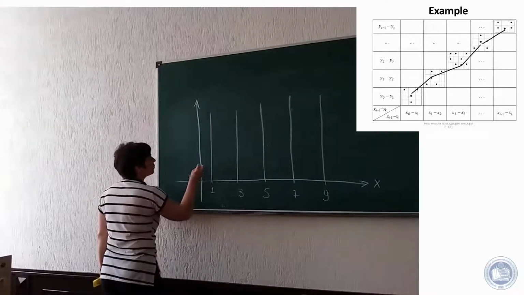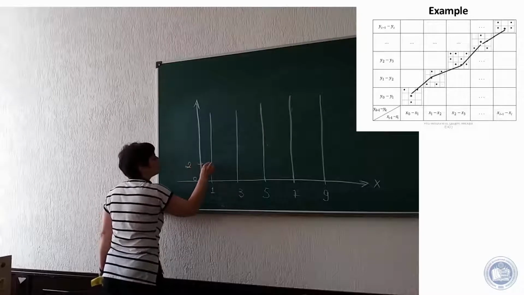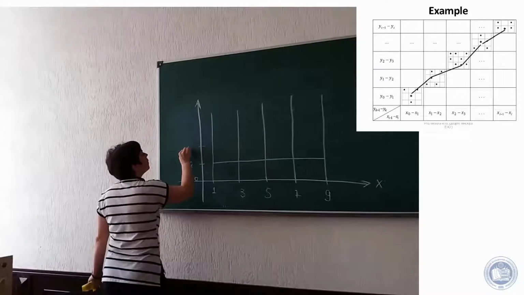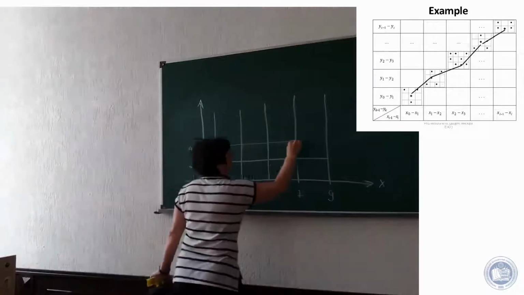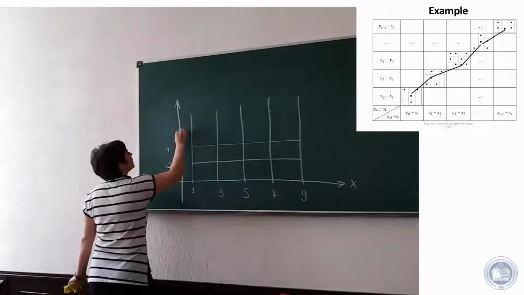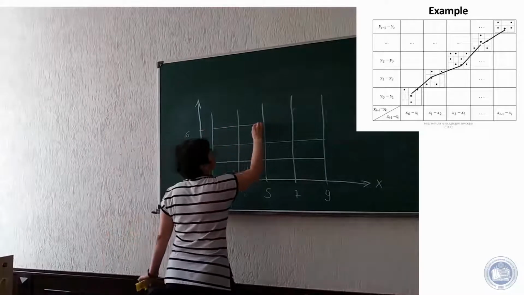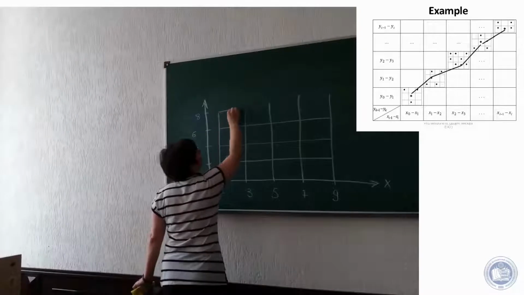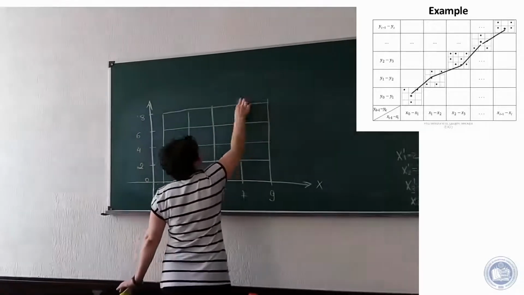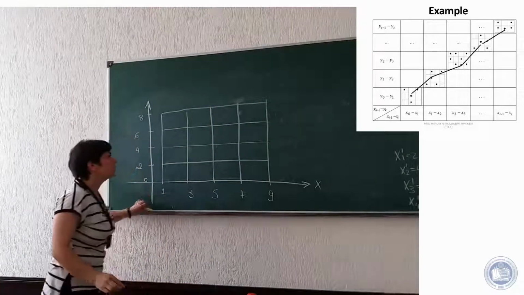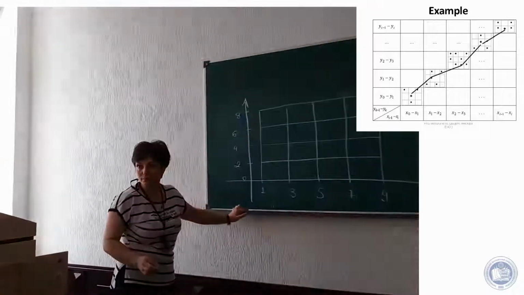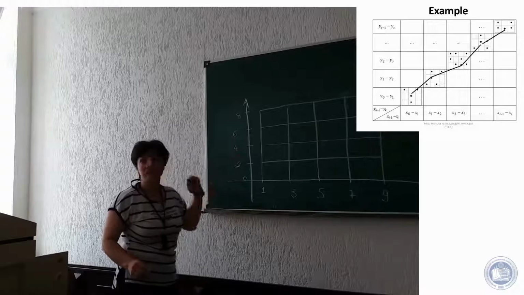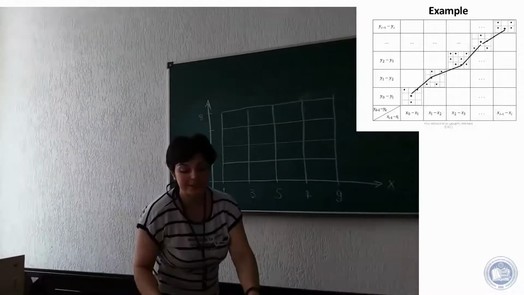First changes from 0 to 2. Next, from 2 to 4. From 4 to 6. And from 6 to 8. Okay, students, how many cells do you have? 16. Okay, you need to fill in 16 cells.